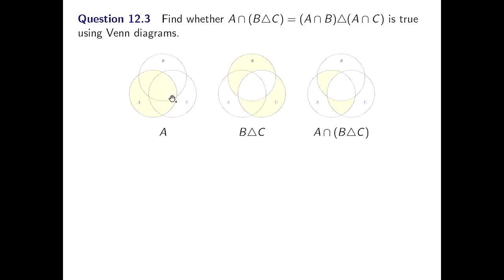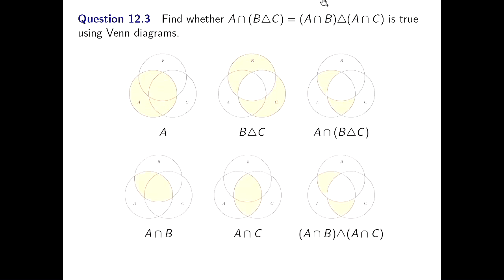Here's A in our 3-set Venn diagram. This is B symmetric difference C, these bat wings here. And when we take the intersection, what is shaded in both of those? Just these 2 triangles here.